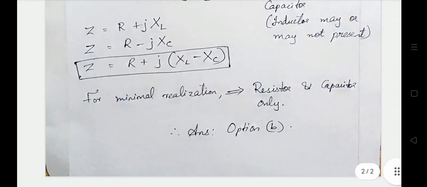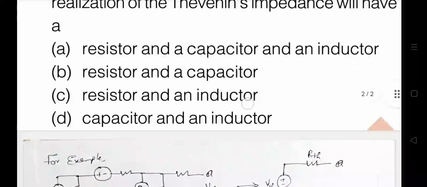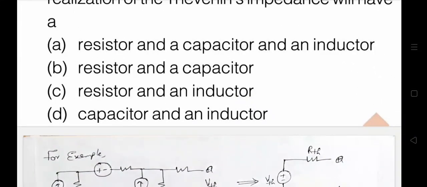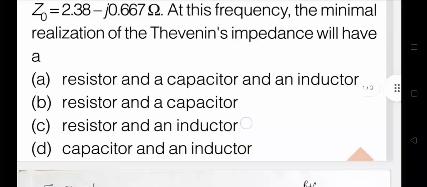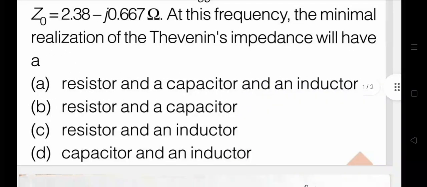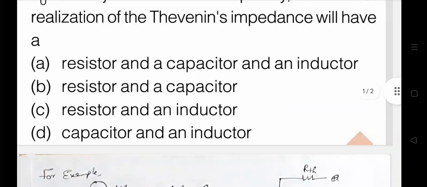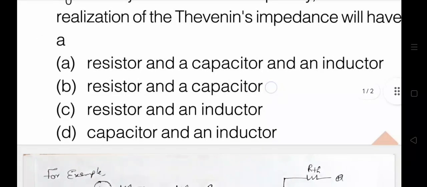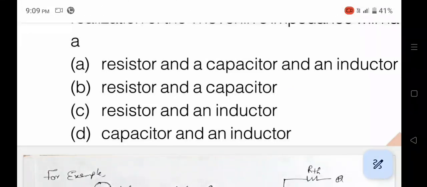So the answer is option B. From the options, option A is written as resistor, capacitor and inductor. If they had asked just for a realization of the Thevenin's impedance, then option A would be correct. Since they asked for minimal realization, we have to answer resistor and capacitor. Inductor is not needed. Therefore option B is the right answer.